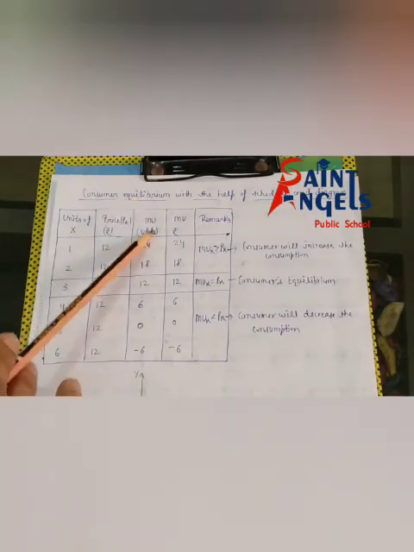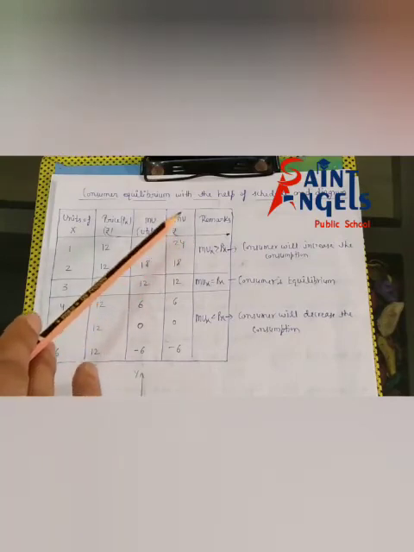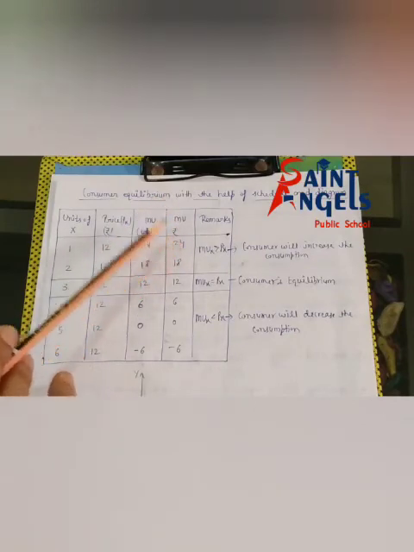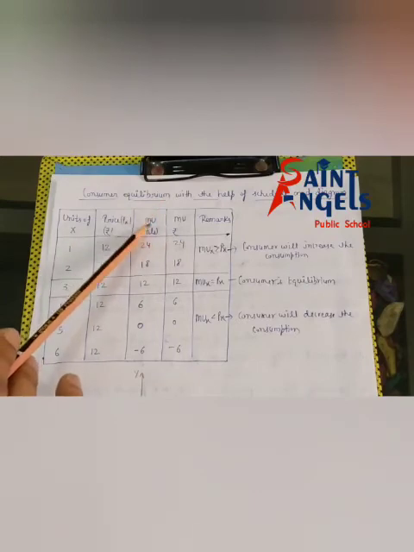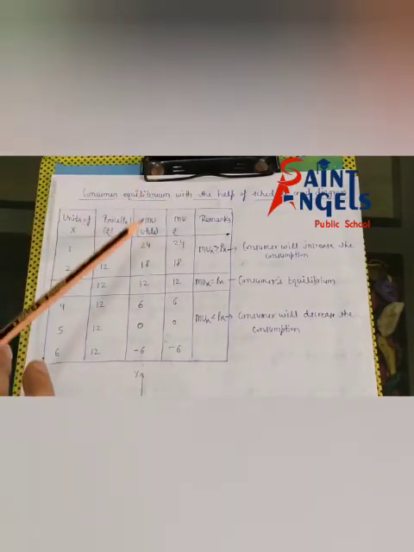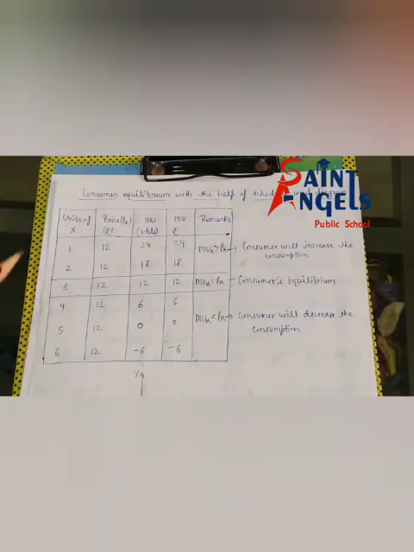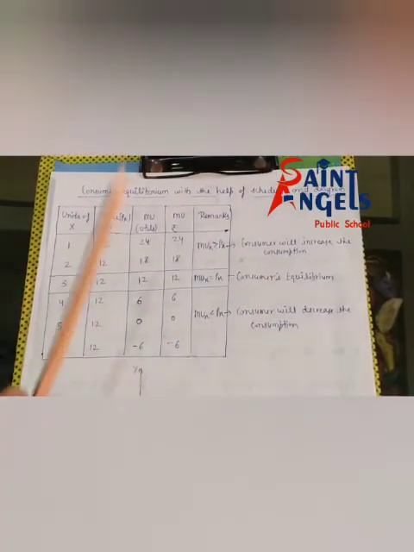You have to convert marginal utility in utils into marginal utility in terms of price. Then you will divide this marginal utility by price, and you know that price will always be equal to rupee 1.